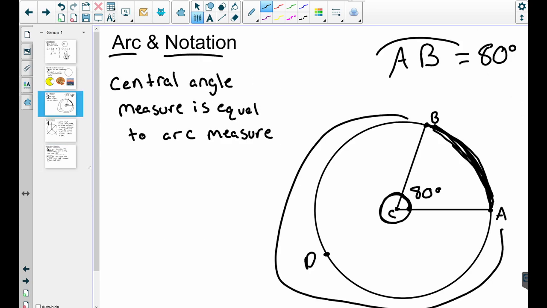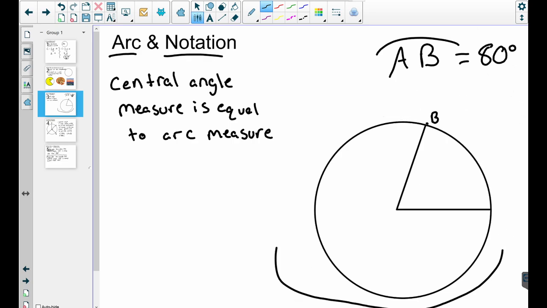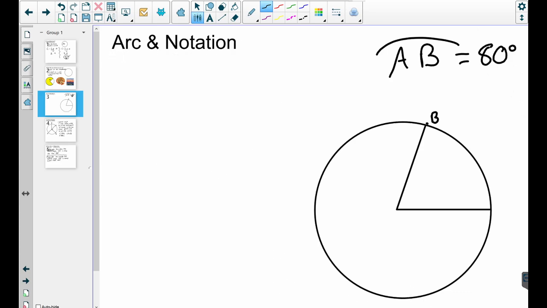So back to this picture, and we'll erase some of this stuff around it to give a more clear example of what we're talking about. So if we had center point C and these points A and B, the arc AB, as we notate it, would be our minor arc.